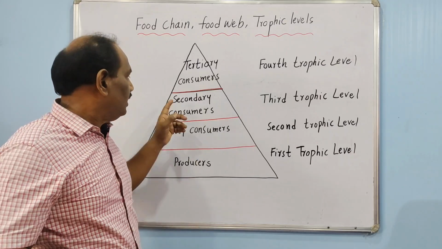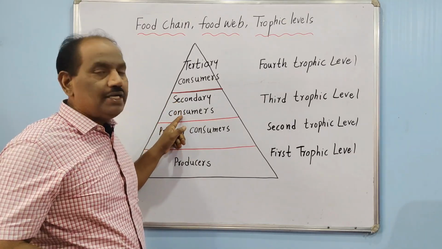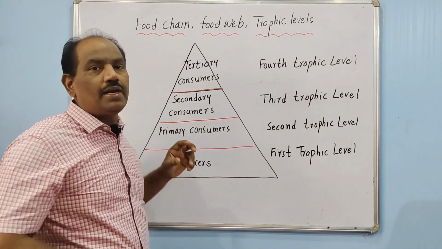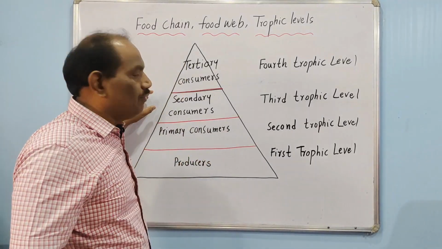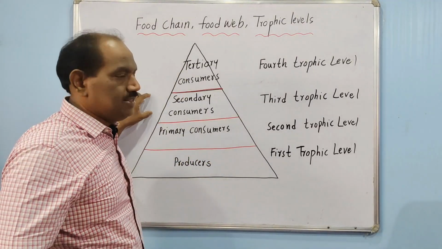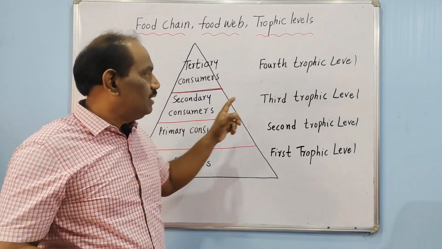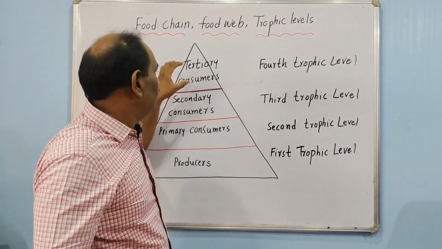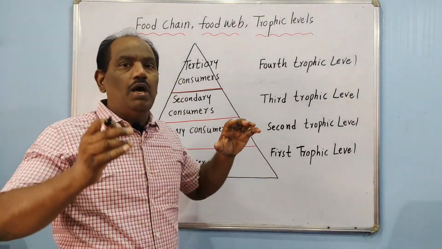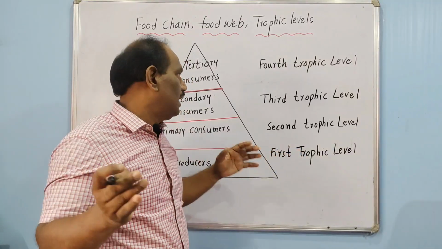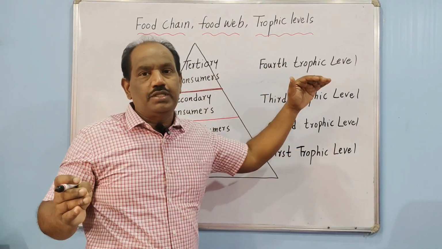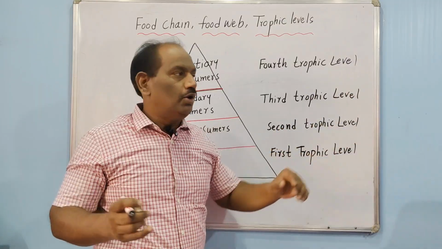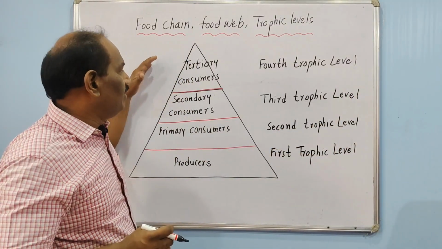Secondary consumers are smaller carnivores like frog, and these come at third trophic level. And tertiary consumers, larger carnivores like lion, tiger, come at fourth trophic level. Hope you understand what a trophic level is.